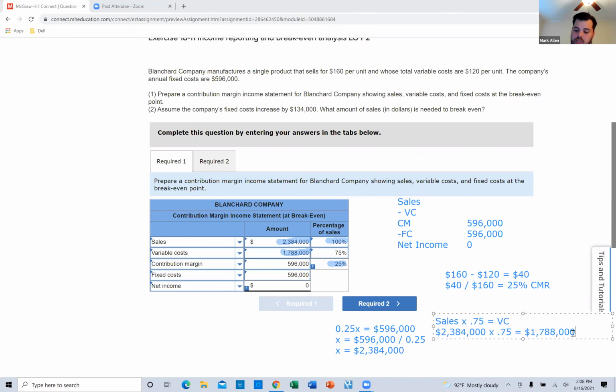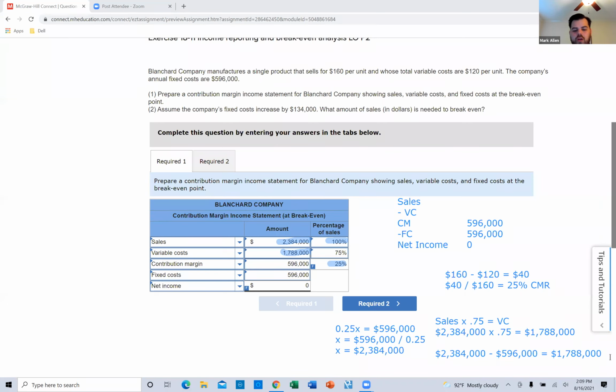It's a good option. The other option is to treat this as just a basic plug and chug. 2,384,000 minus, and then just subtract out your contribution margin, 596,000. And when you do that, you will also come out to 1,788,000. So however you want to go about it is perfectly fine.